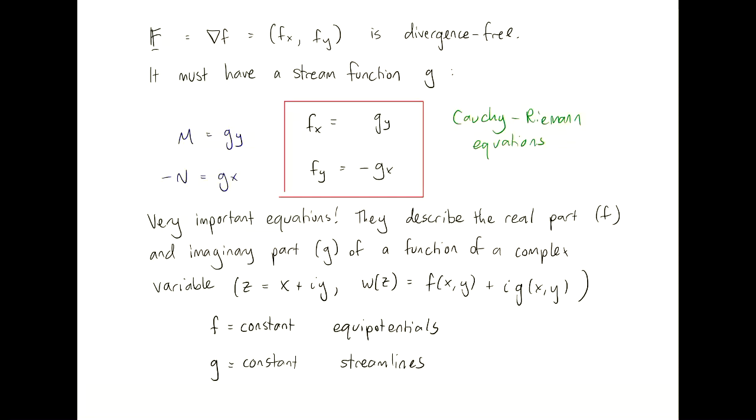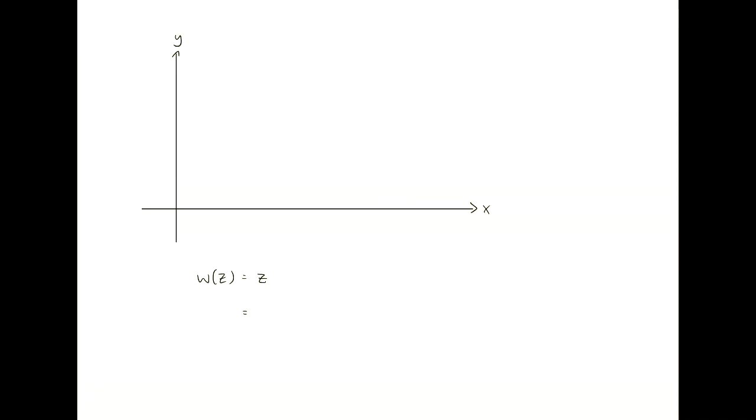As a nice little example, say I have W of z equals z. Nice, easy. So W of z equals x plus iy. x and y are going to be real, so I'm going to call this f of x, which is a nice simple form, plus i times g of xy.